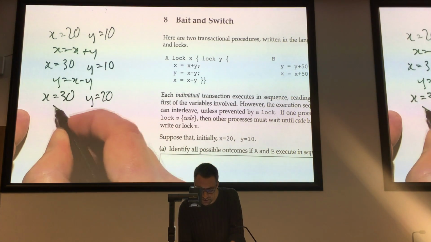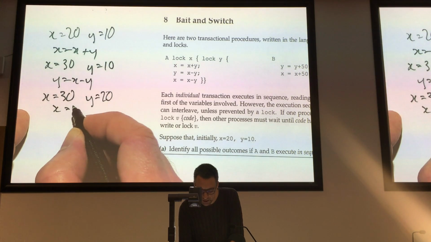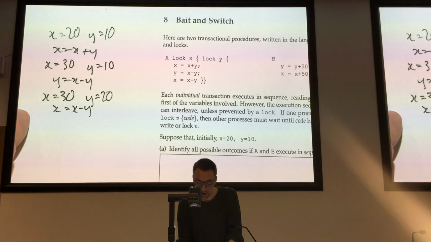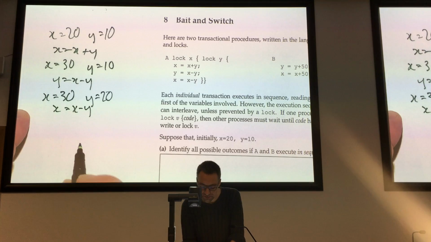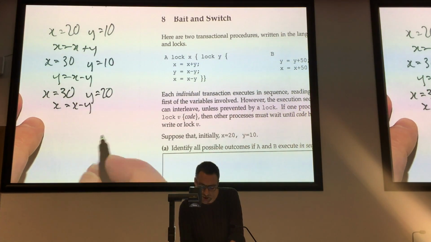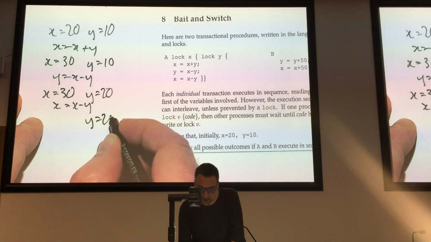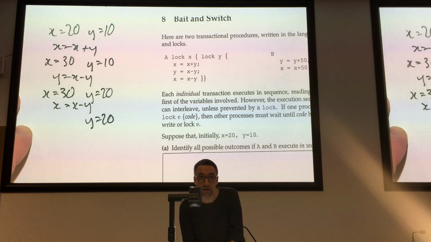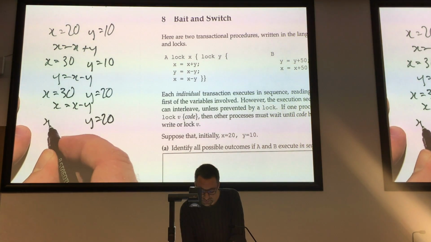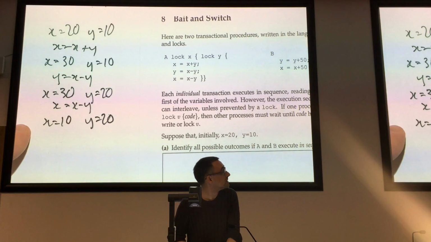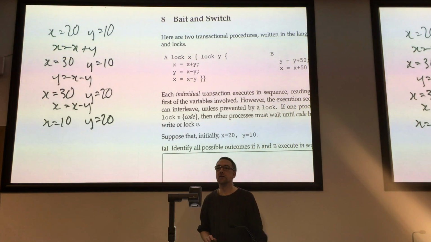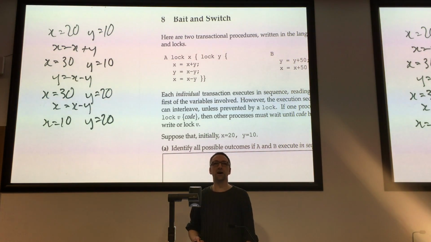And then finally we do X equals X minus Y, except of course that there's been some change. What happens now? Well, Y isn't changing, so it's going to stay 20. What does X become? 10. Notice anything about the relationship between X and Y at the end and X and Y at the start?